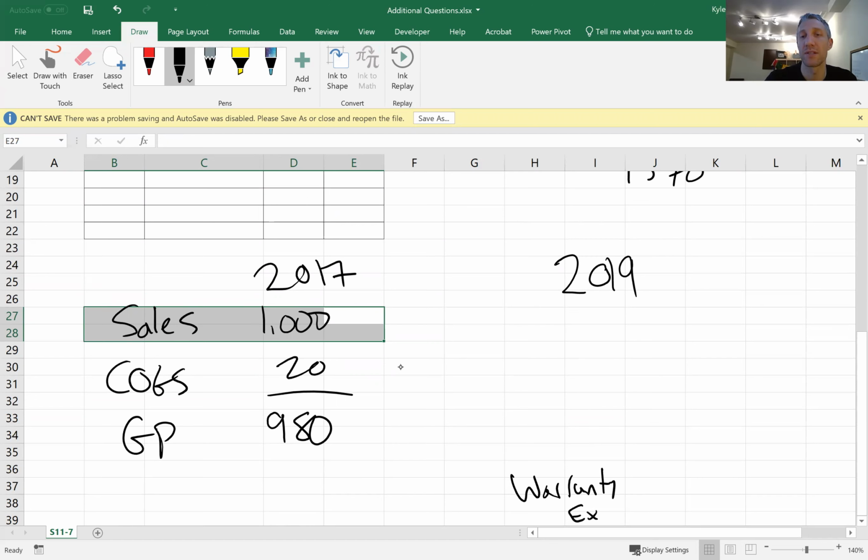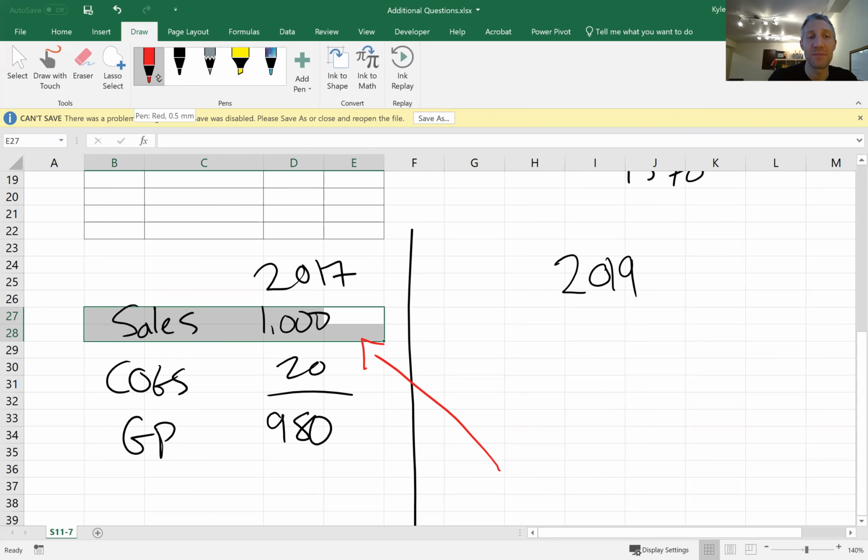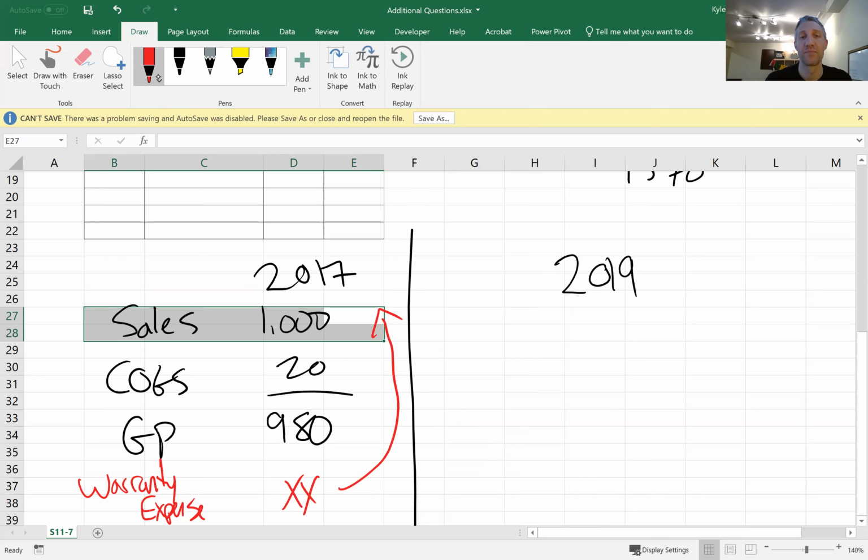So what we want to do is estimate what warranty expense is going to be in 2017 so that we can appropriately match the warranty expense on the income statement with the revenue that it helps generate in that same period. We don't know what warranty claims are going to be made in 2017, so we estimate it. We estimate warranty expense. This will allow us to match the expense on the income statement in the same period.